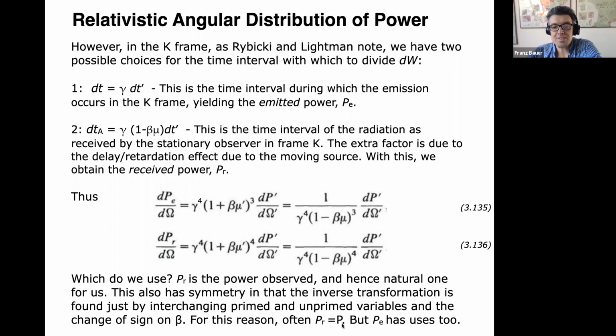For this reason, this is also the most commonly seen and used. But the other has its uses when you want to understand what was actually emitted by the source. If you can break it out and divide by this factor, you can understand what was actually emitted when you transform frames. Okay, so that's a lot to take in, for sure.